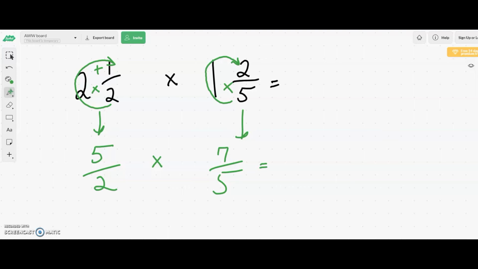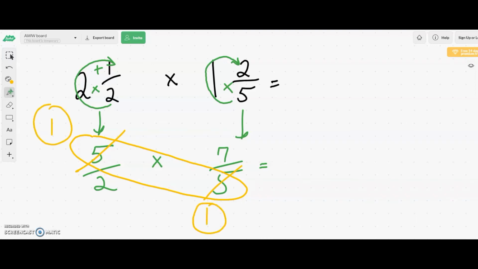Now you're ready to cross reduce if you can. In this case, we can only cross reduce in one section: the 5s. Whenever you see the same two numbers diagonal, it's a given, you must do this. You cross them out and you make them ones.